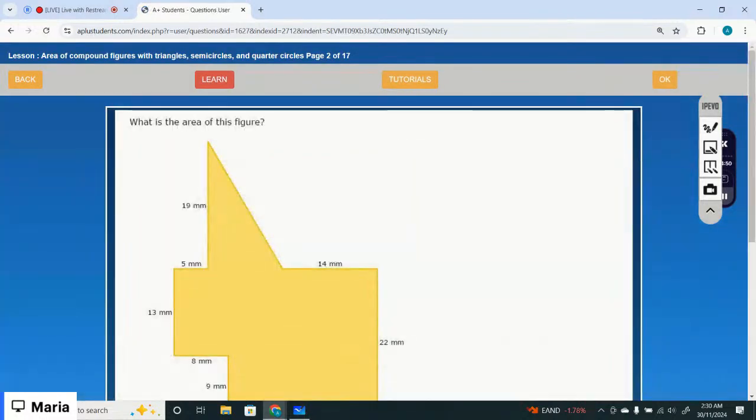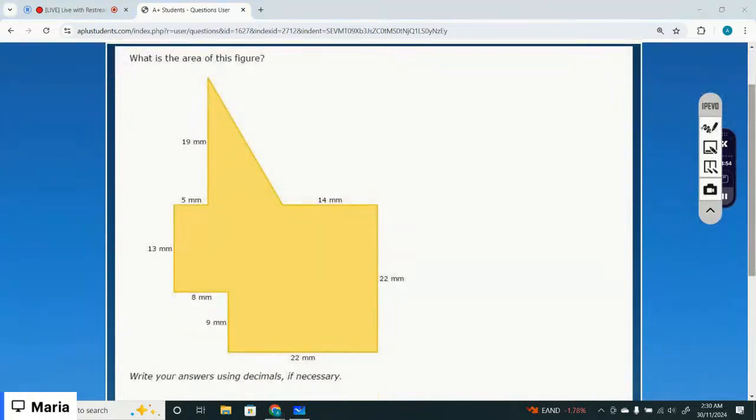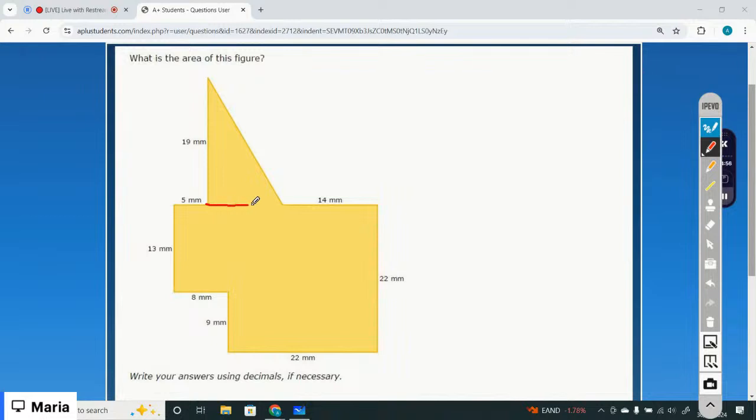Okay, the next one is, what is the area of this figure? So let's just divide this figure into, here is A, here is B, and here is C. Calculate the area of C. 2299.